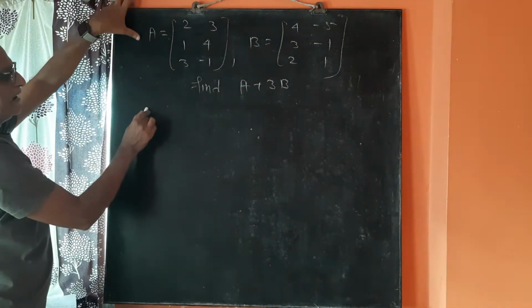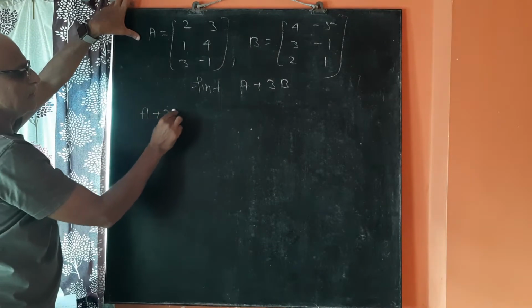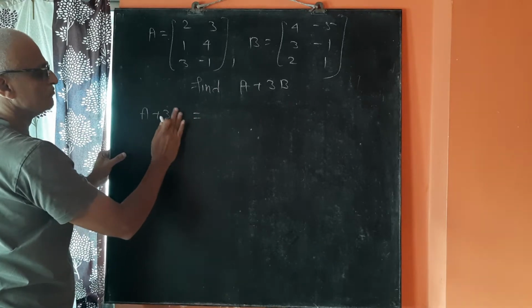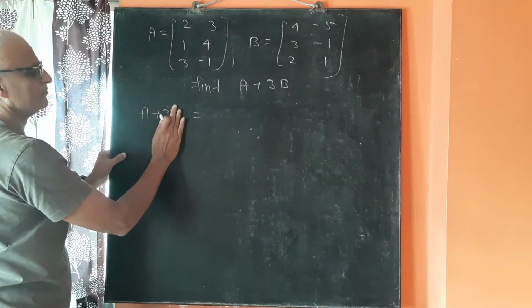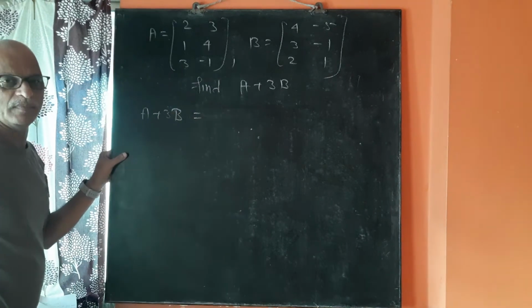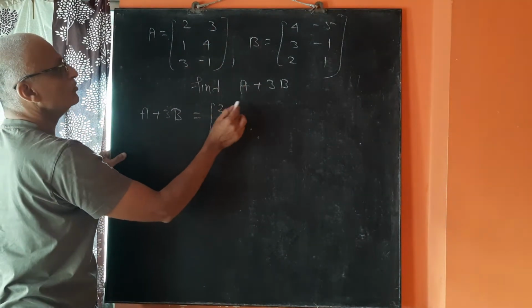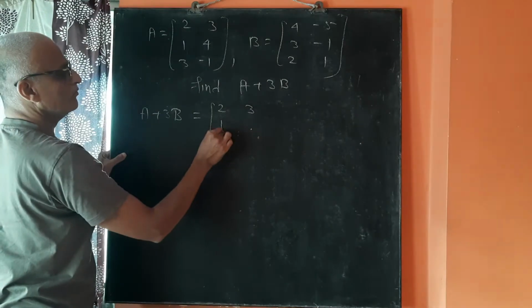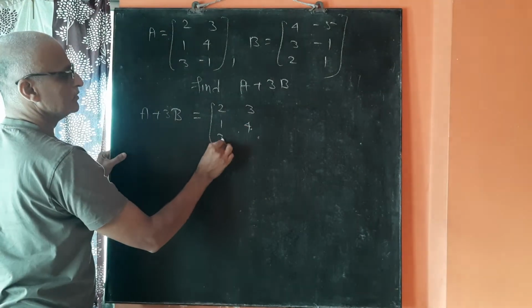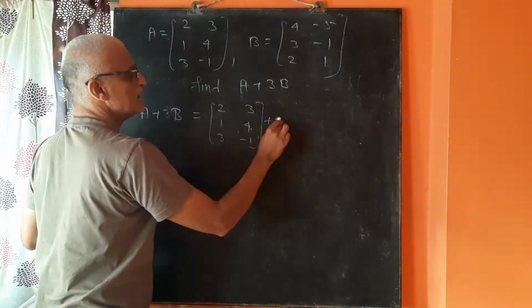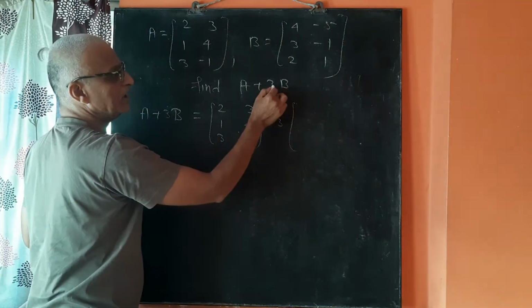So let us start with A plus 3B is equal to, put the value of A. What is the value of A? 2, 3, 1, 4, 3, minus 1, plus 3 into B. What is the value of B?